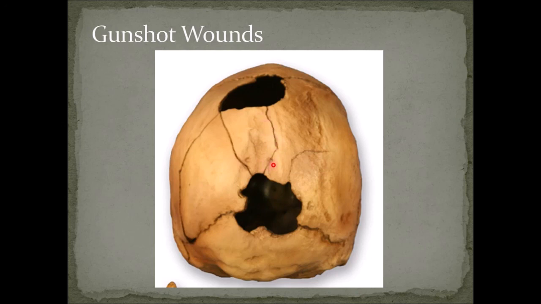So we know this pellet hit after this damage was done. And we're talking milliseconds, nanoseconds, okay? Then these radiating fractures tell us this is our entrance wound. Even though it's hard to tell, it's not a clean wound with a shotgun, is it? We have these little pellet marks, which further confirm this is the entrance wound.